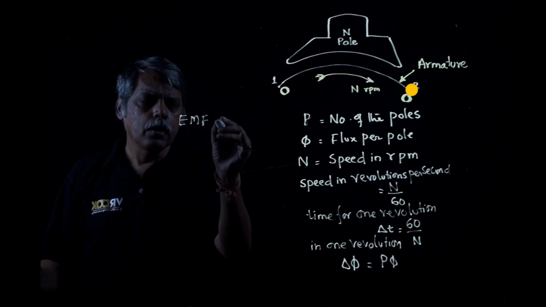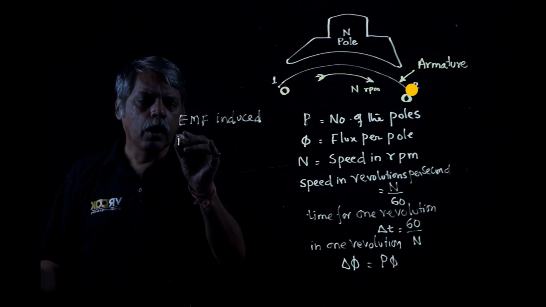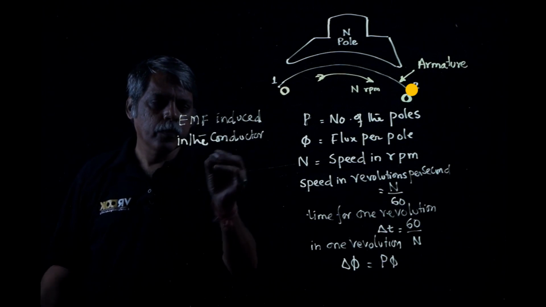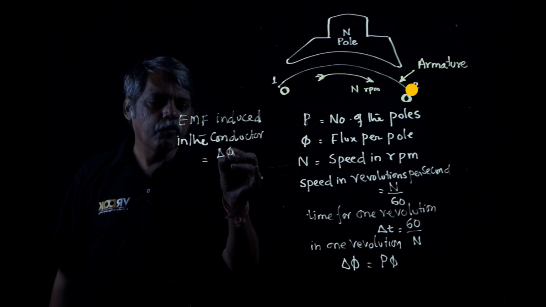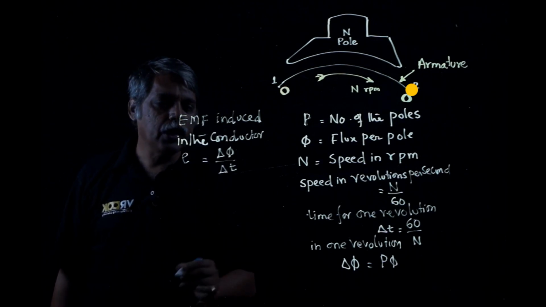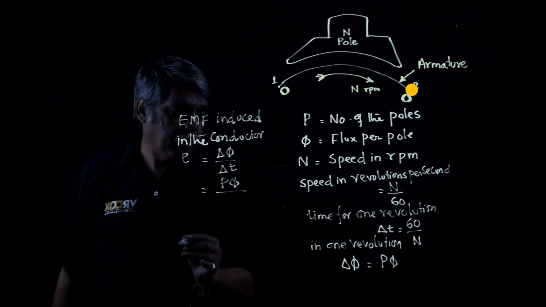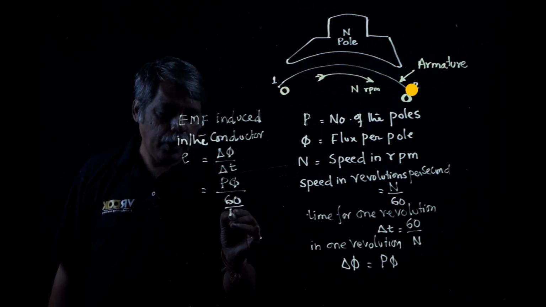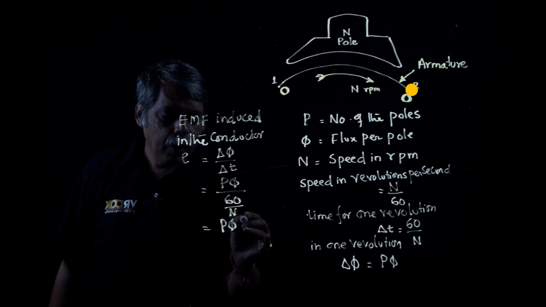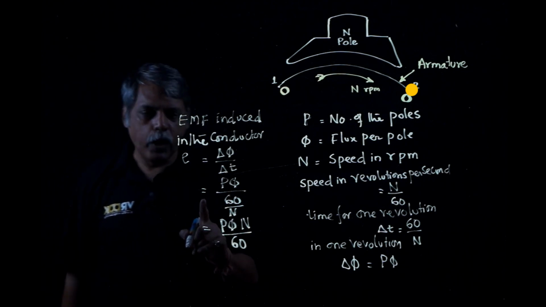Then the EMF induced in the conductor is equal to delta phi divided by delta T. I call the EMF induced as E. So this gives us P into phi divided by 60 upon N, which gives P phi N upon 60. This is the EMF induced in one conductor.